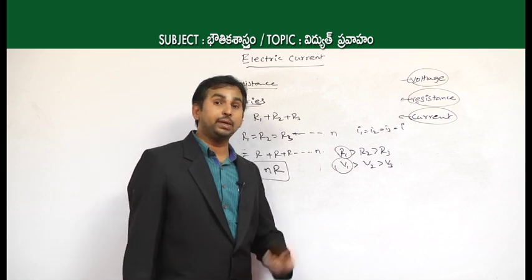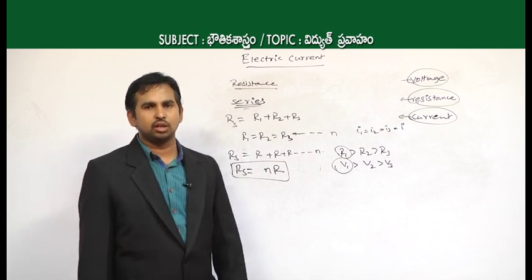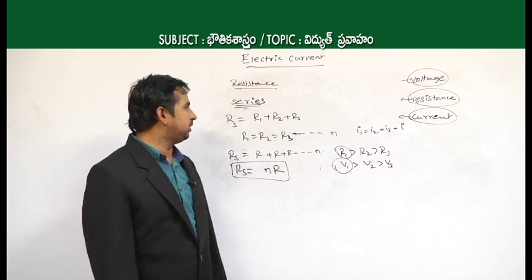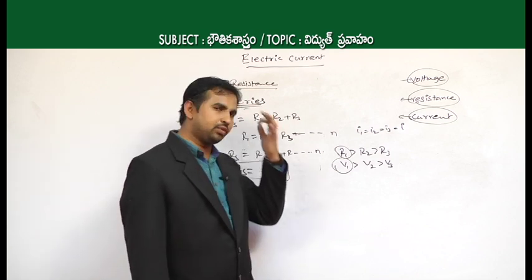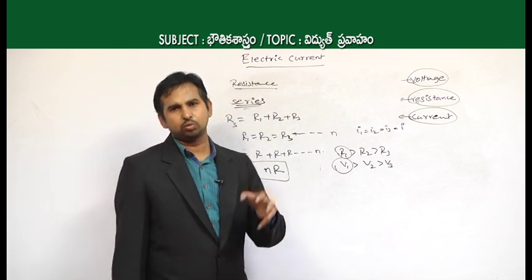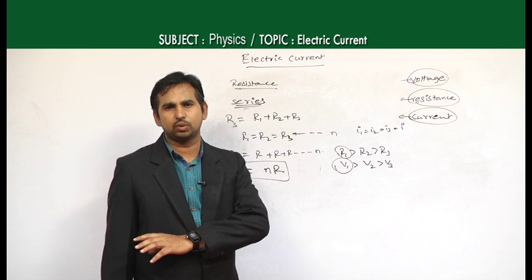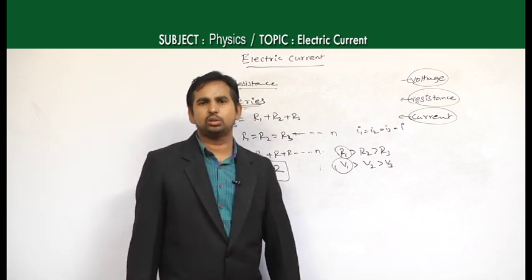Now, if you see the applications of resistance, how the questions are asked is where we are using this series connection. The problem with this resistance connection is that the current passing through is the same. Whatever current passes through resistance 1, the same current passes through R2 and also through R3.